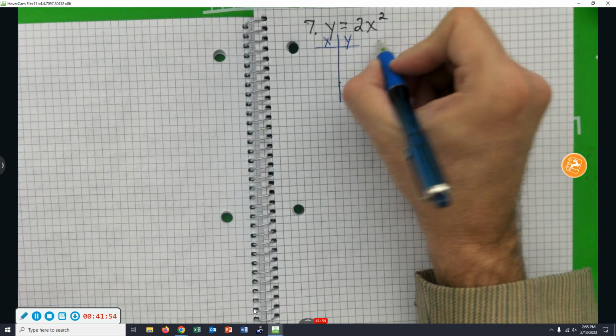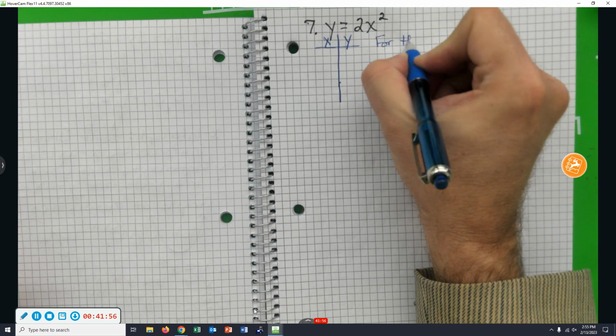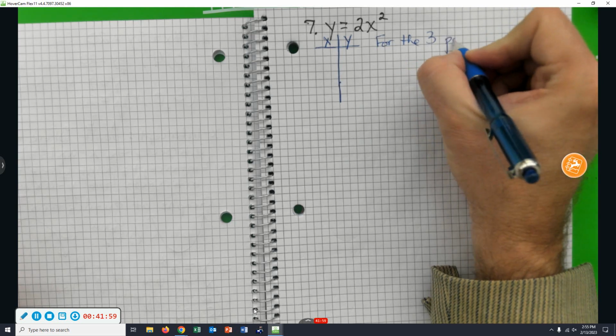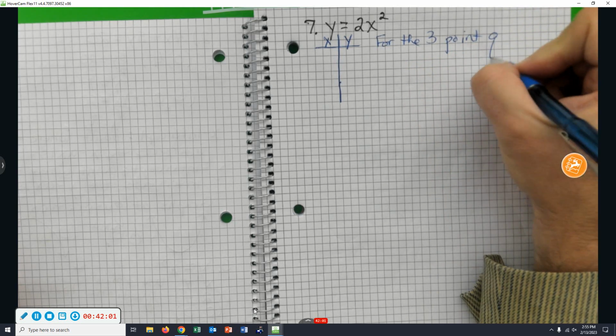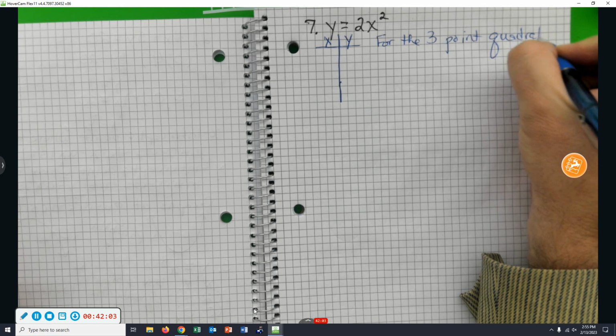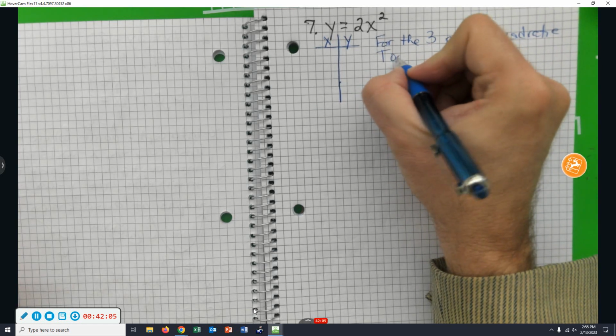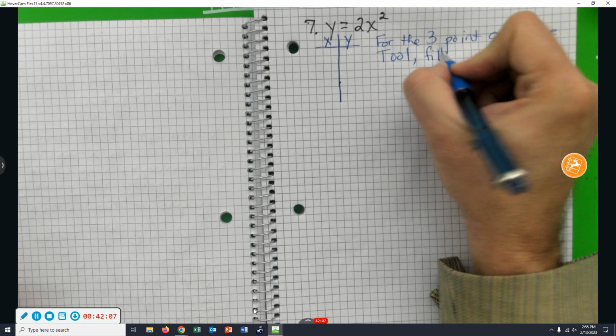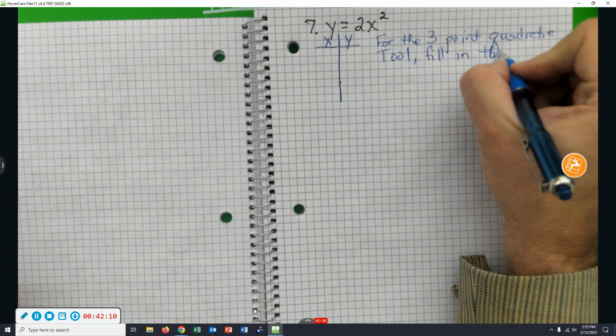Theoretically, for the 3-point quadratic tool, fill in this table.